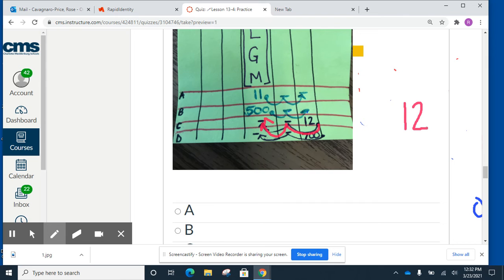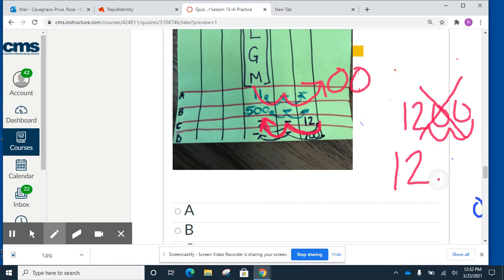Now, before we were jumping this way, right? So we just tucked some zeros on the end. But we're actually jumping the opposite way now. We're jumping to our left, which means that our number is actually going to get smaller. So instead of saying this and adding our 2 zeros, we've got to go the other way. 1, 2.